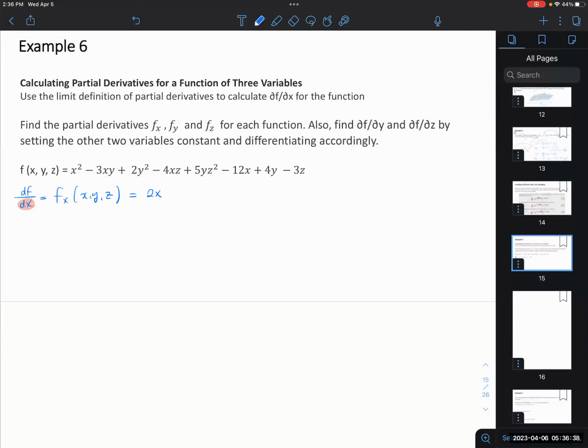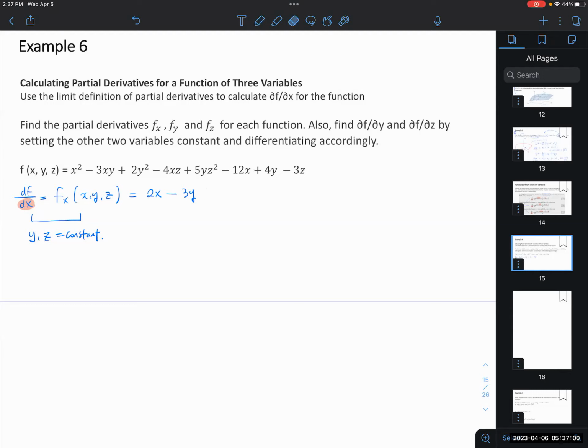And then the second one, what do you guys think? This means that y and z are constant. So 3xy, we take x and then 3y remaining. Y will be constant, so that is 0.